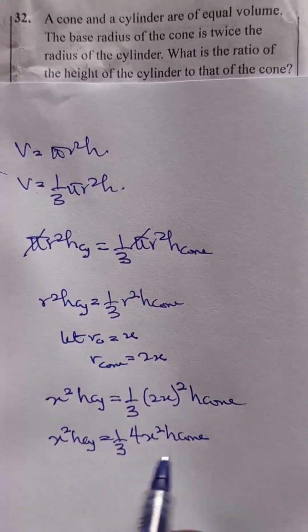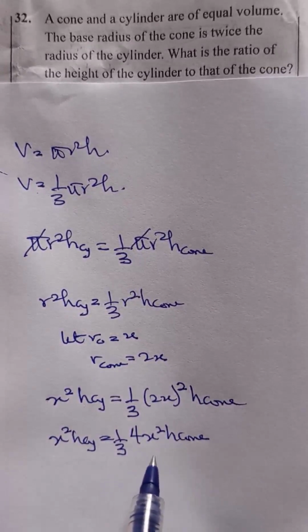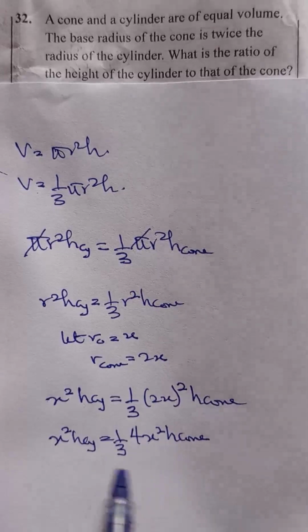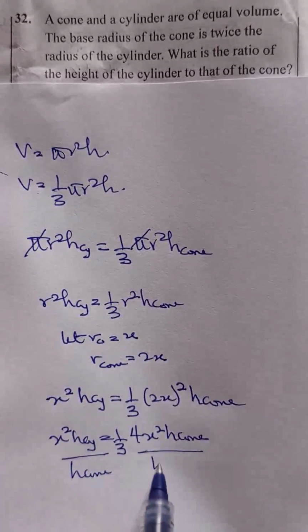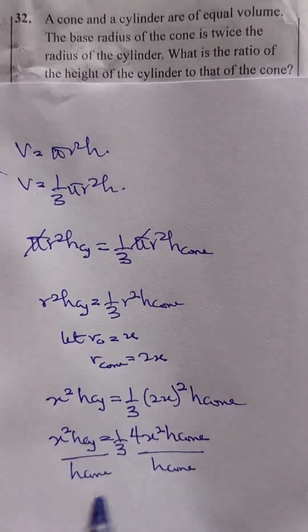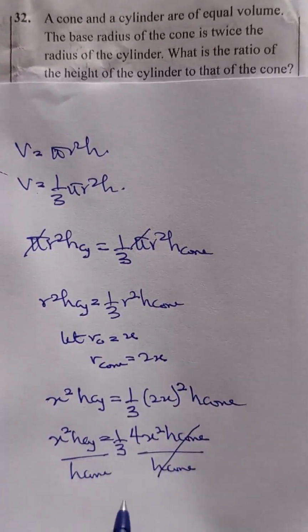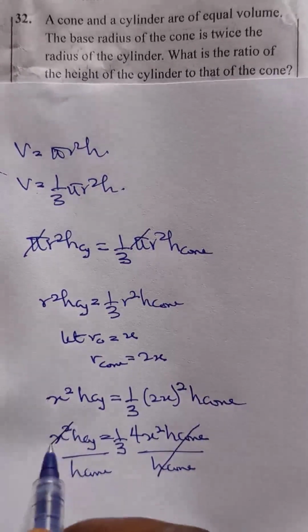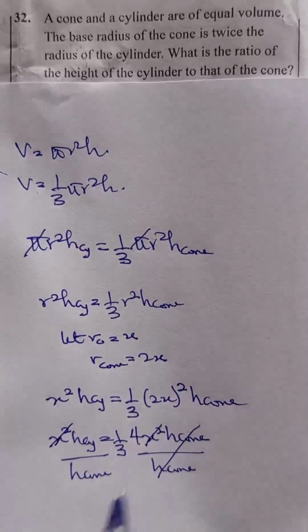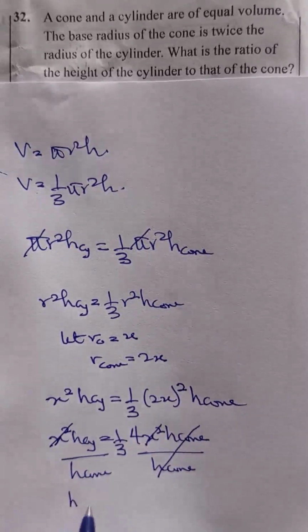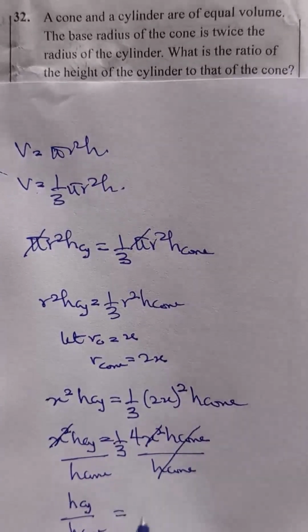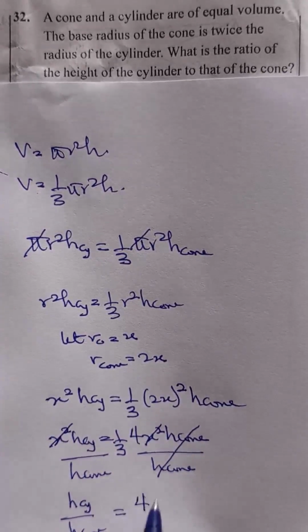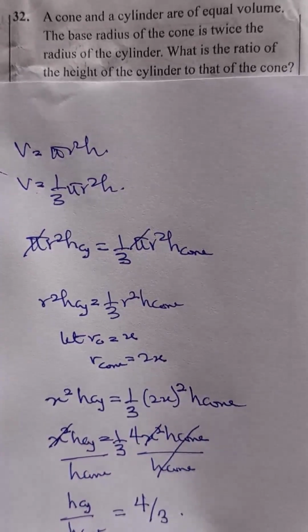And then remember that we want to find the ratio of the height of the cylinder to that of the cone. So divide both sides by height of cone, so that here height of cone cancels height of cone, and then x square can cancel x square here, such that we are now going to have height of cylinder to height of cone is equal to 4/3, as we have it here.